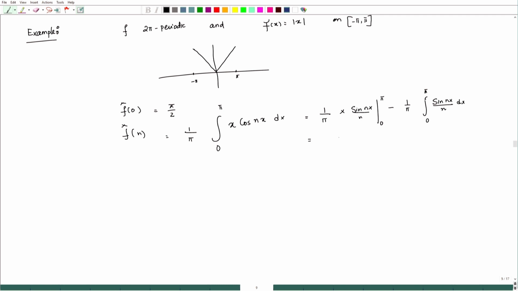This is 0, and this is minus 1 by pi, since the sin integral is negative, this is minus cos n x by n squared from 0 to pi, then this is 1 by pi n squared times minus 1 to the power n minus 1.